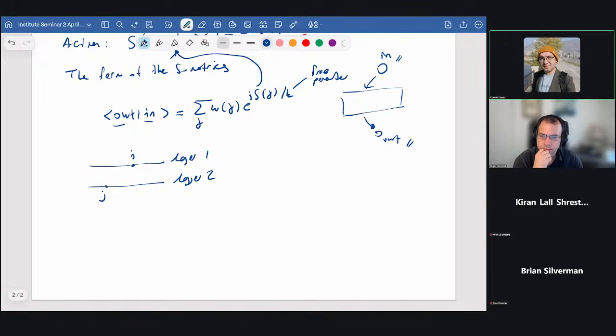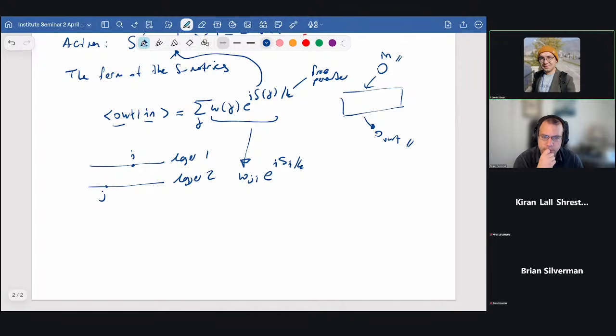Because in the action, we do not consider the terminal element in the terminal configuration in the path, that system will correspond to something like omega ji e to the I s I divided by k.